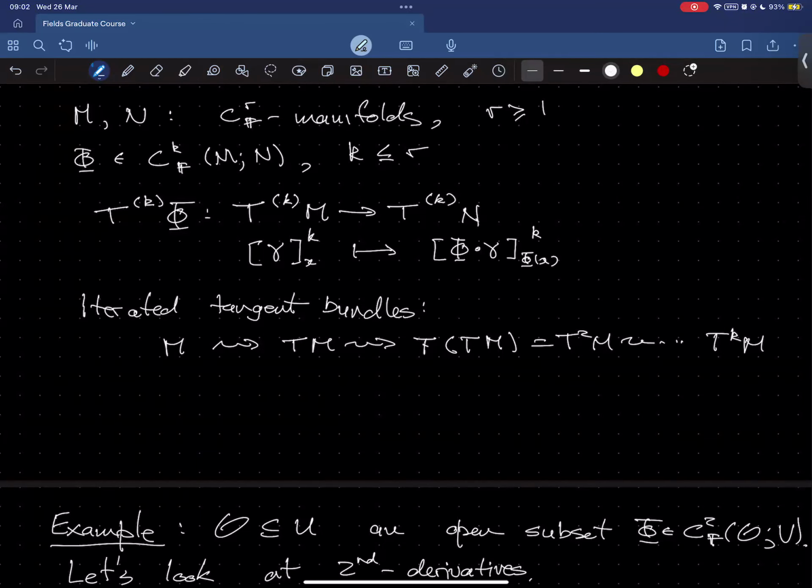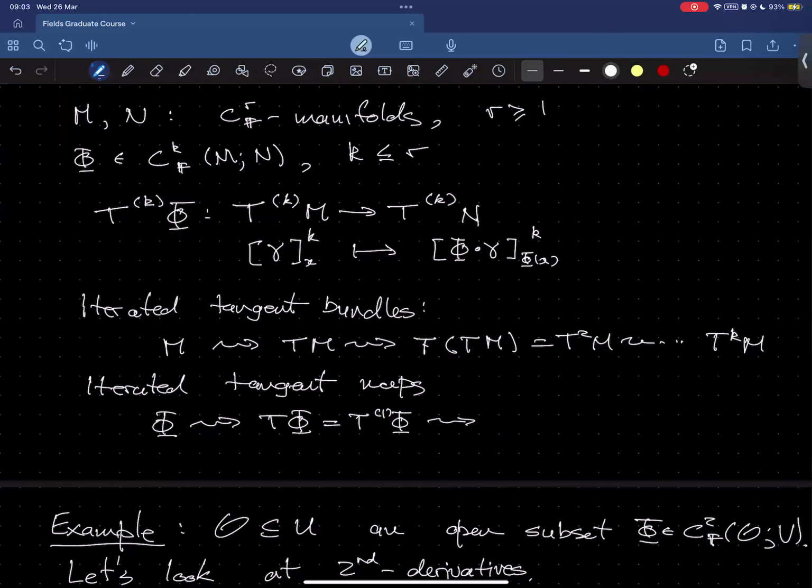Sorry, also you can iterate tangent maps. So if I have phi, then I can go T phi, and T phi is just a special case of T^k phi. It's T^1 phi. Then you can go T of T phi, which you would call T2 phi, and so on, up to T^k phi.